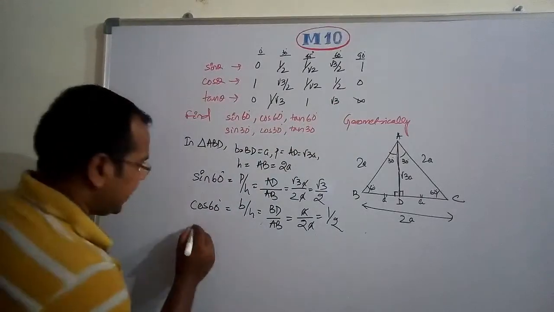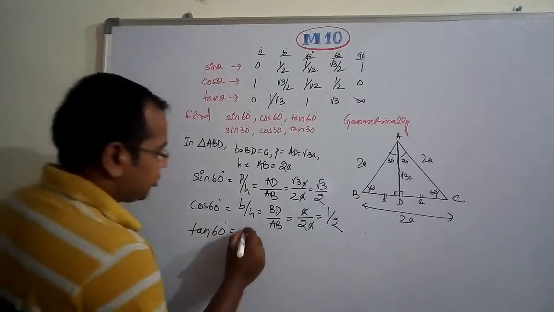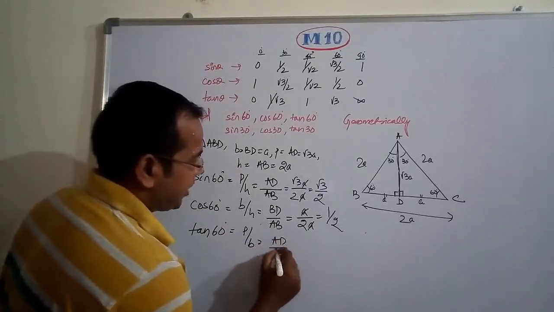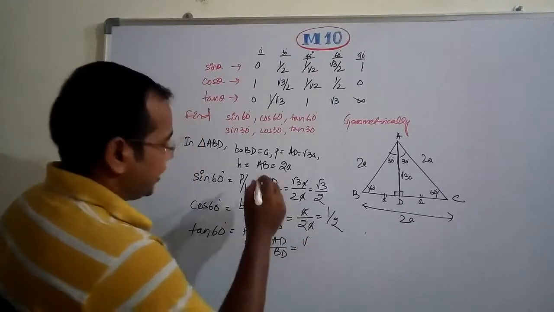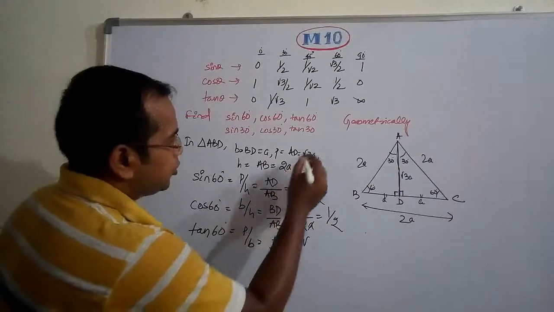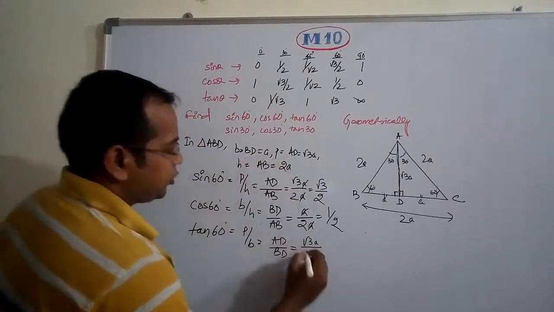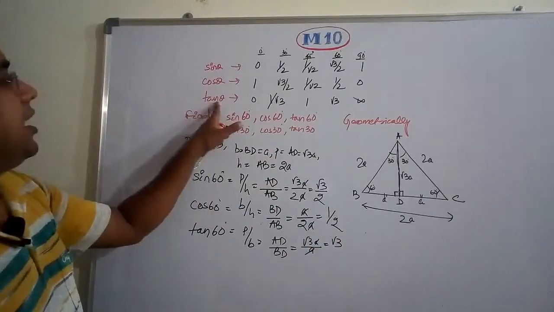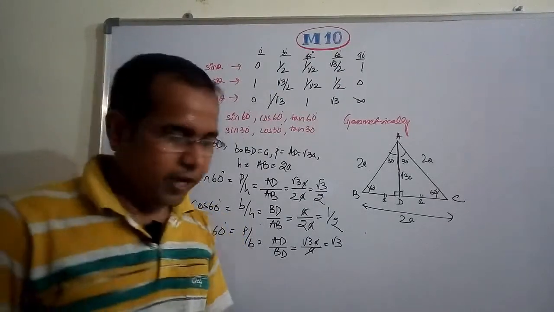Finally, tan 60 degrees, that is equal to P by B, that is equal to AD divided by BD. Your AD is root 3A divided by BD equals A. This is cancelled out, you are getting root 3. Now see here, tan 60 equals root 3. It is also verified.